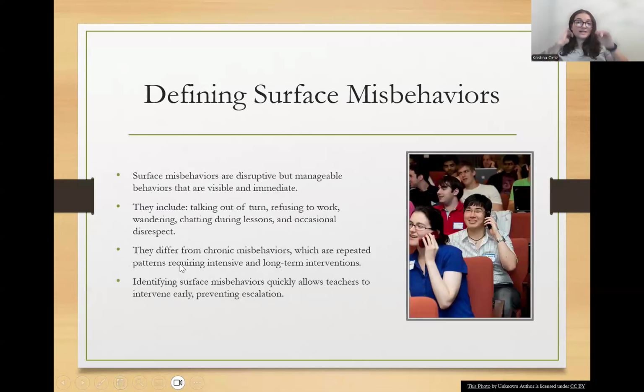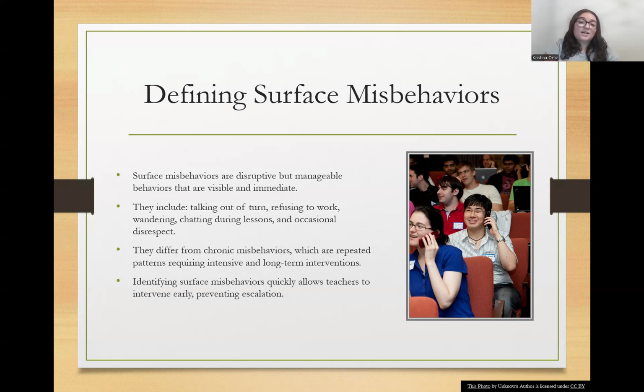Okay, so defining surface misbehavior. Misbehaviors are disruptive but manageable behaviors that are visible and immediate. They're not something so extreme that we can't handle them. They include talking out of turn, refusing to do work, wandering, chatting during sessions, and occasional disrespect.